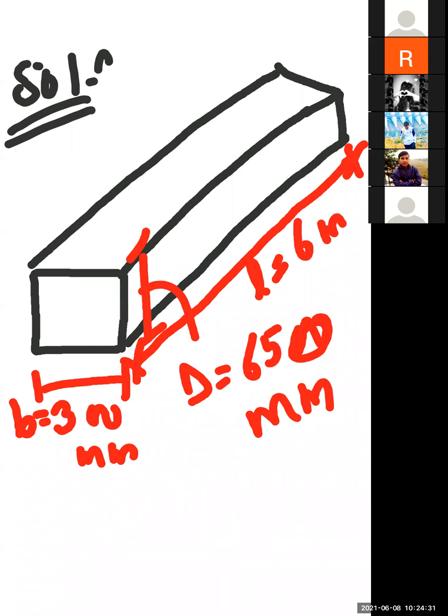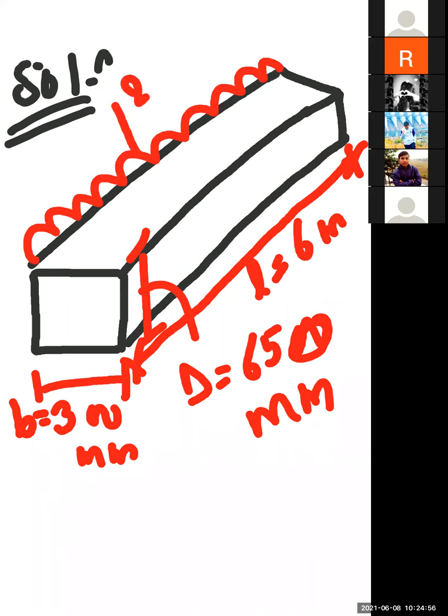This beam is subjected to, according to this question, live load, means 20 kilonewton per meter. Means the load I draw here like that, and this load is 20 kilonewton per meter.